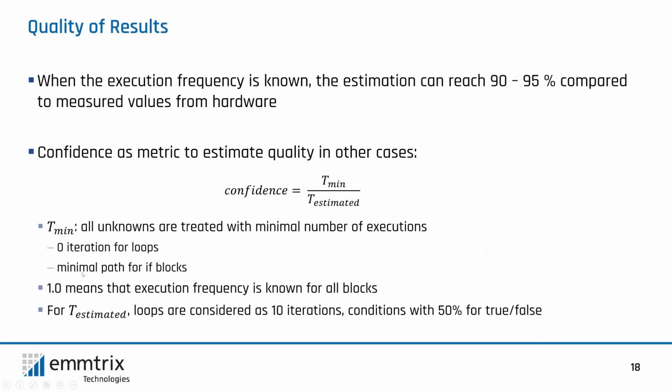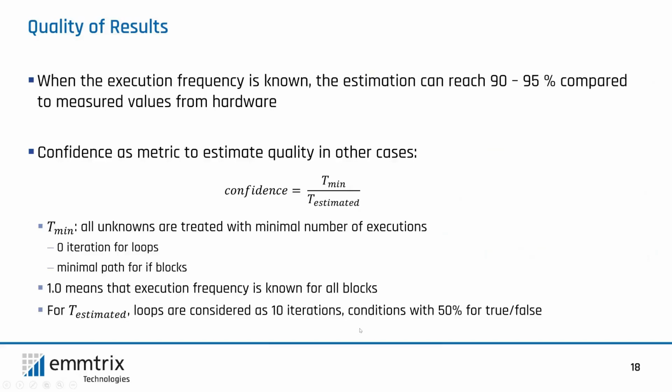It's basically just the difference between the timing of the true and false path. As I already mentioned, 1.0 or 100% means that we know the execution frequency of all blocks. Everything lower than 1 means that there is a certain degree of uncertainty inside of the estimation.